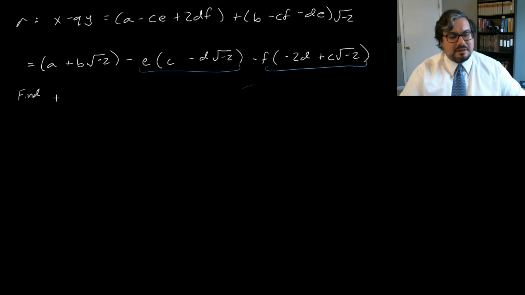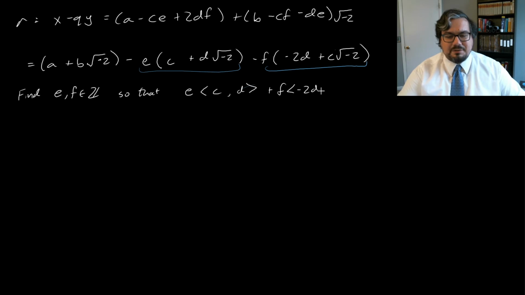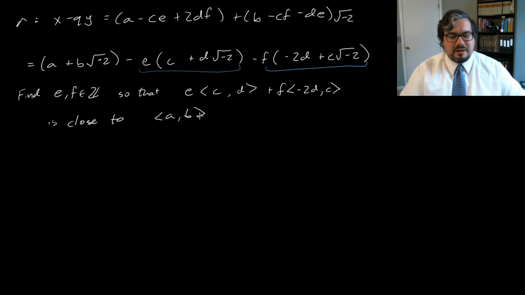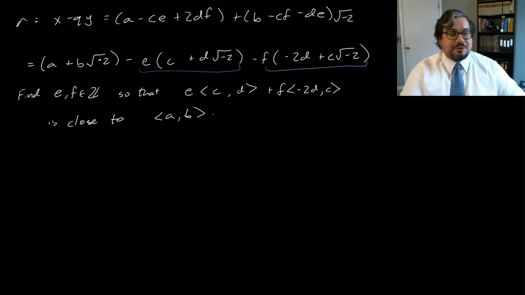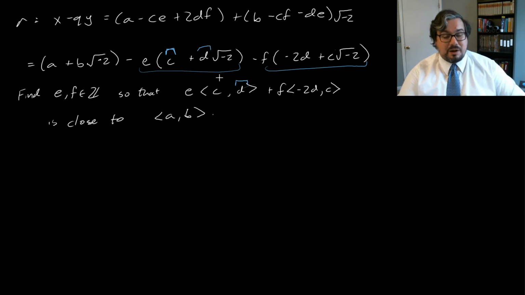We're trying to find integers e and f in Z so that e times the vector c, d plus f times negative 2d, c is close to the vector a, b, where here I'm using vectors where the first component is supposed to basically represent the first part of the number, and the second component here is supposed to represent the coefficient of the square root of negative 2.